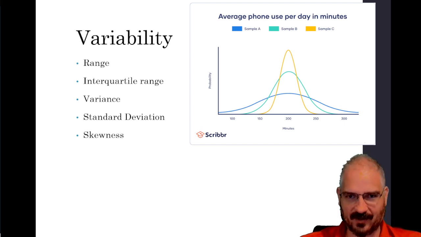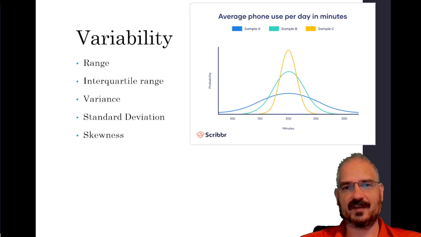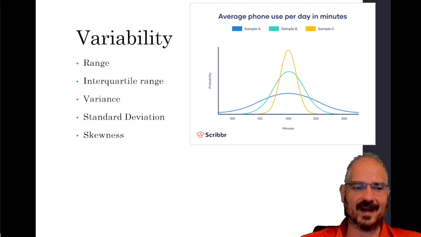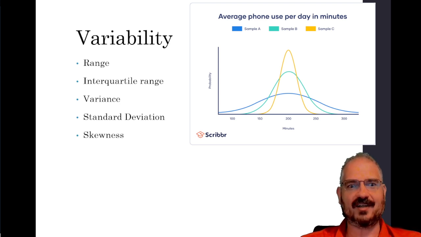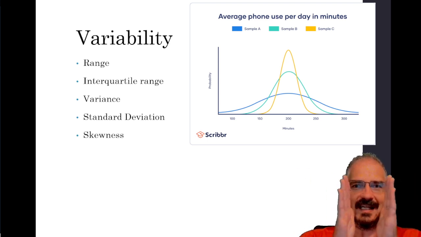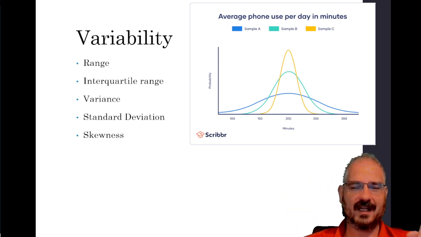The even more accurate way to do it is with the variance or the standard deviation. And I'm not going to go into the difference between the two. Again, that is much more suited to an actual statistics course. But essentially, that is just a slightly more direct measure of how skinny or wide that curve is.